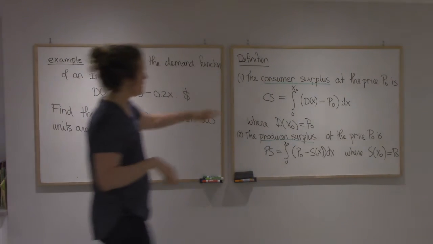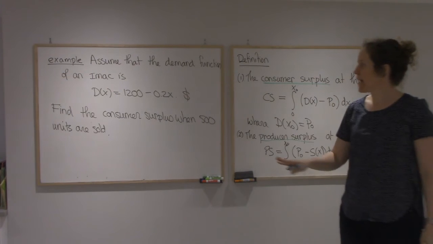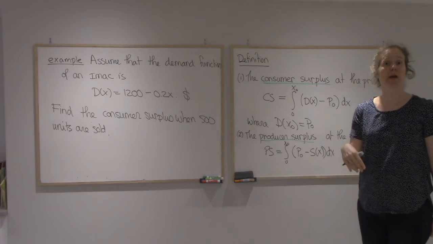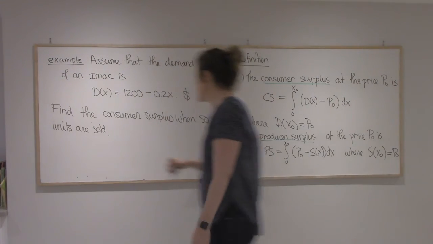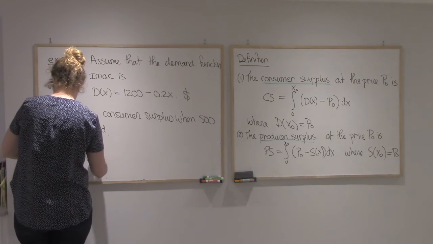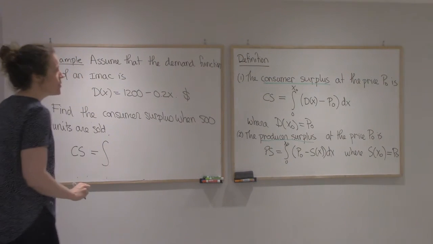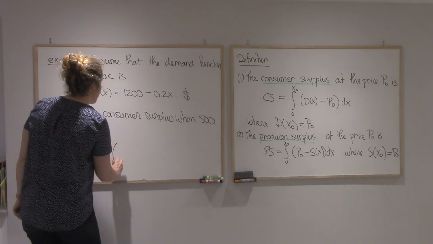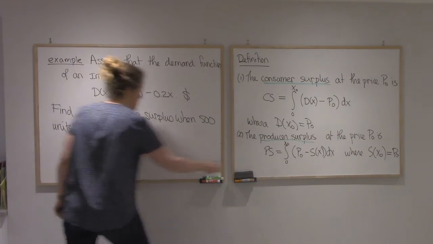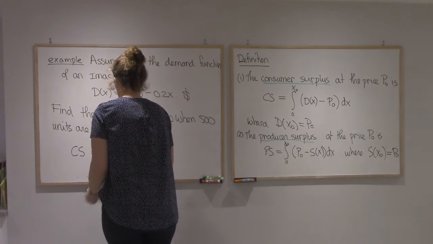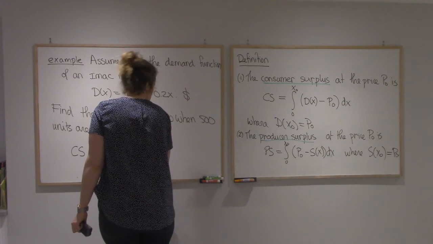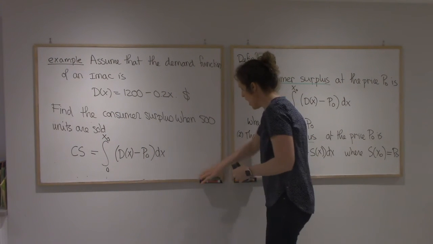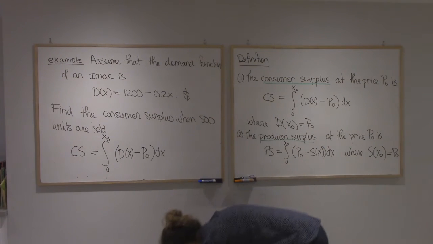All right, so let me write this formula down, and then we'll see which parts of this formula are given straight out to us and which ones we'll need to work for. So the consumer surplus would be the integral from 0 to x0 of d of x. So let's see which ones we have. 500 units.